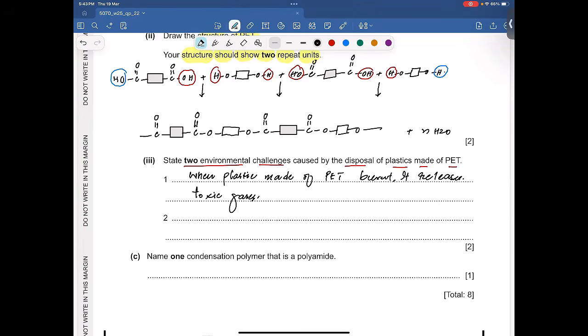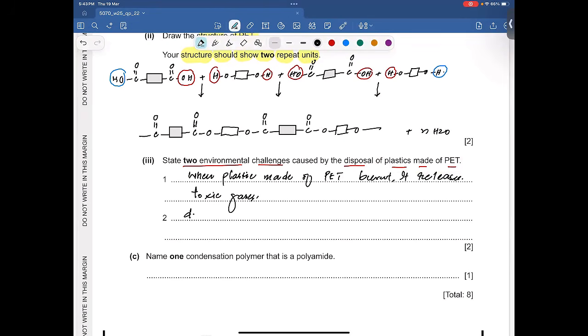Second, we need to dump these sorts of plastics at landfill sites, which is expensive land.